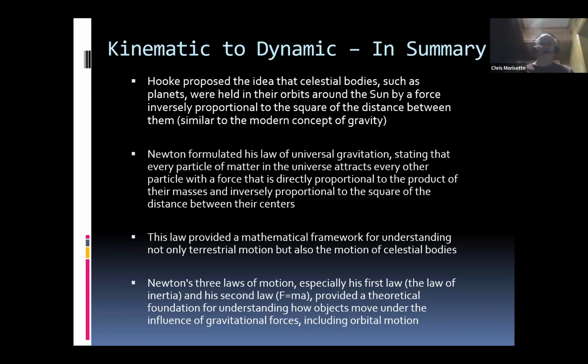But I think the key thing to latch onto here is that square distance connection and also the orbital motion thinking that Hooke had in mind. And this is what connects what Newton did to the outer cosmos. In my opinion, it's a very important contribution because it got down further into describing why these objects are following an orbital path.